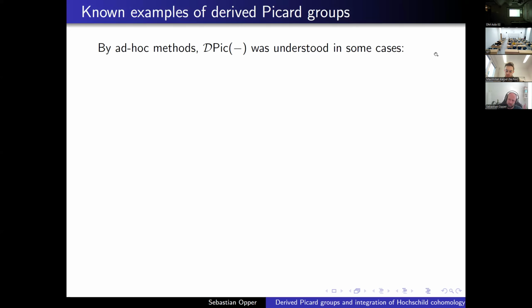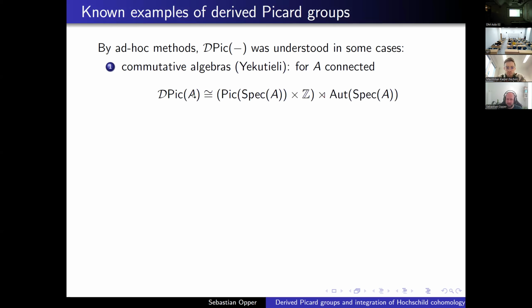So the list I give you is obviously not complete, but these are examples which share a certain similarity, which you will see in a second. I guess one of the earliest examples where they were computed are commutative algebras, which goes back to Yekutieli. If A is a connected commutative algebra, meaning it's not a product of several other ones, then the derived Picard group is isomorphic to a semi-direct product with two pieces.